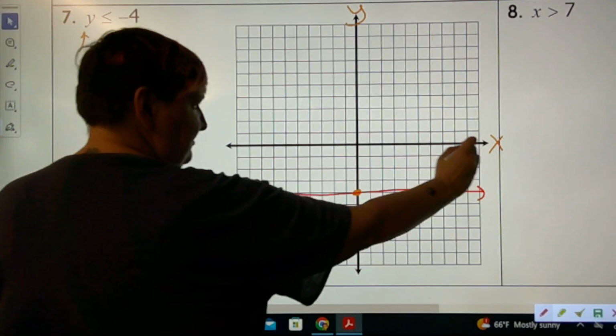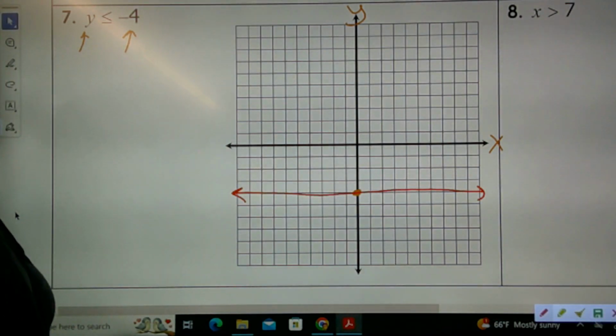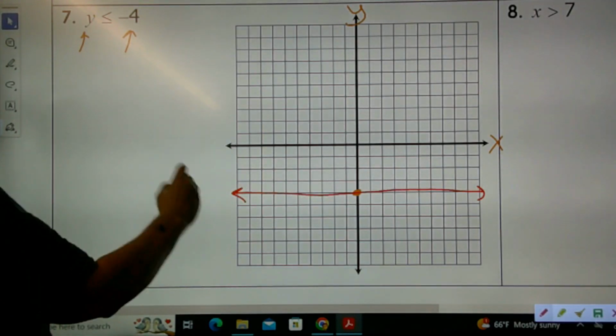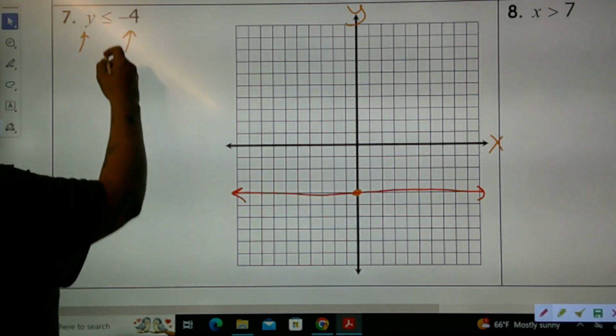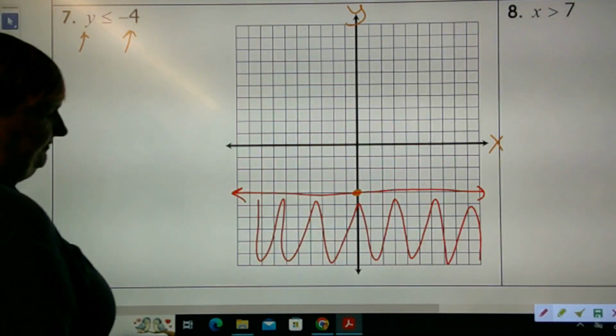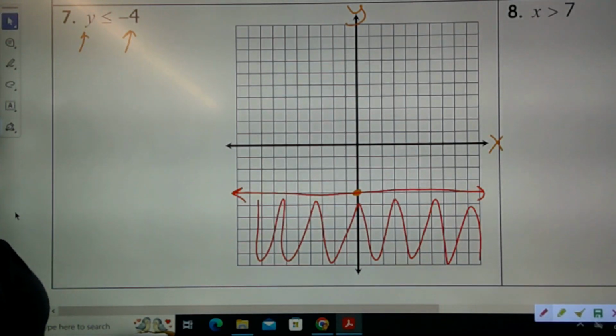It's parallel to the y-axis. And it says less than or equal, so we do a solid line. And less than means you're going to go to the left of the line. Good? All right.